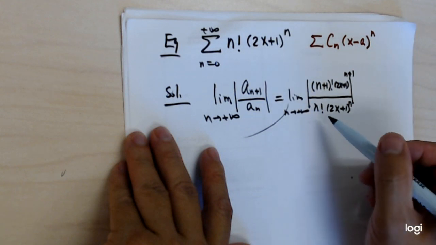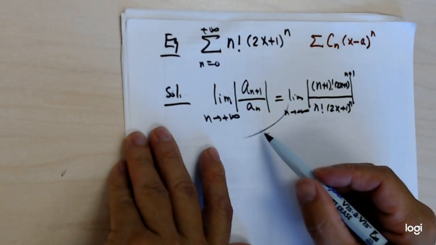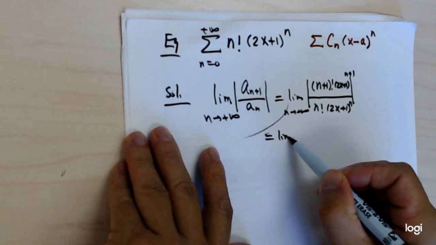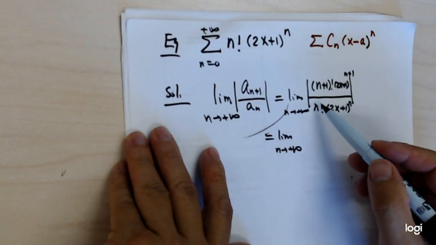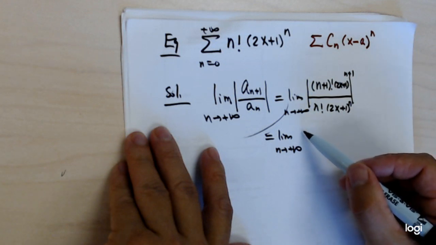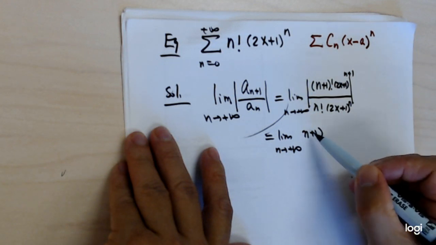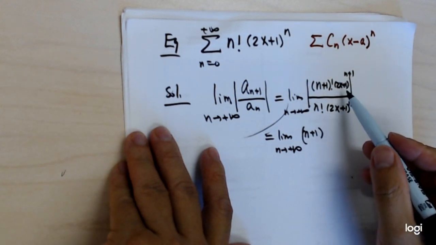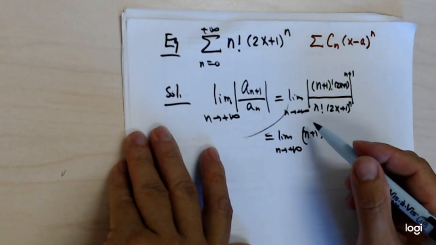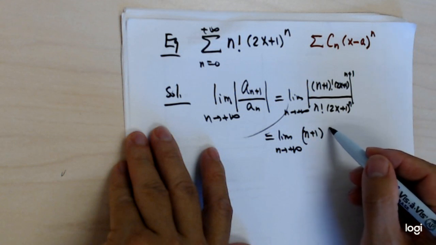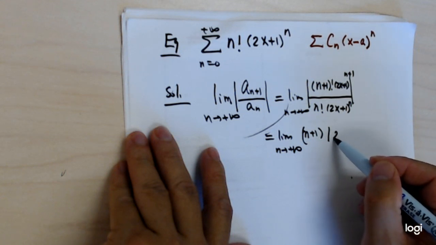Let's simplify this. The limit of n plus 1 factorial over n factorial is just n plus 1. The powers n plus 1 over n leave the absolute value of 2x plus 1.